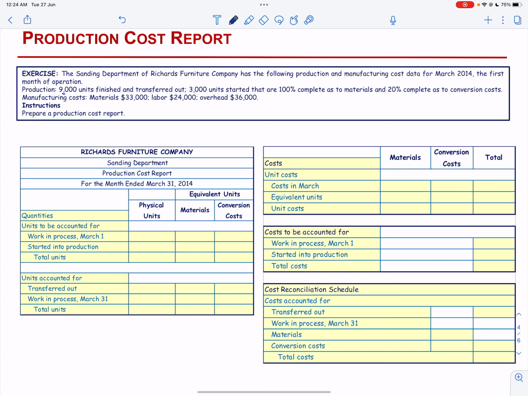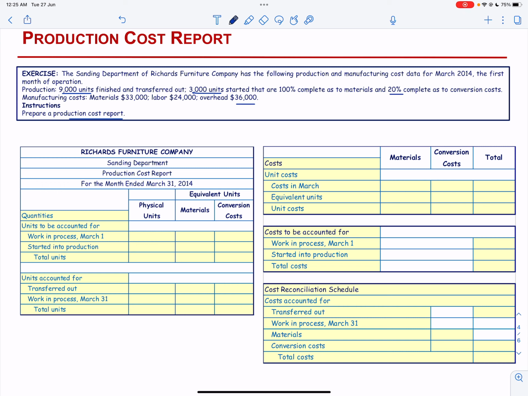Production is 9,000 units, finished and transferred out. 3,000 units started, that are 100% complete as to materials and 20% complete as to conversion cost. Manufacturing cost: material is 33,000, labor is 24,000, and overhead is 36,000. And we have to prepare a production cost report.